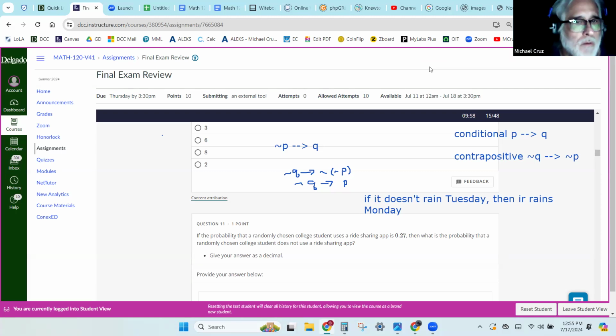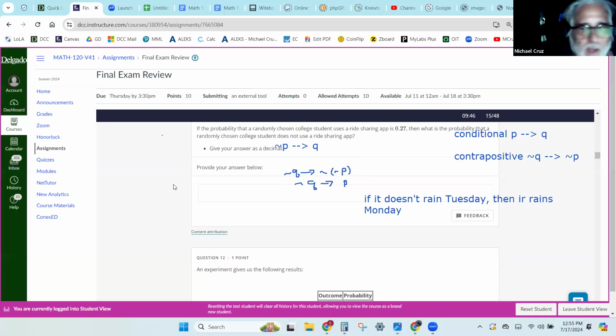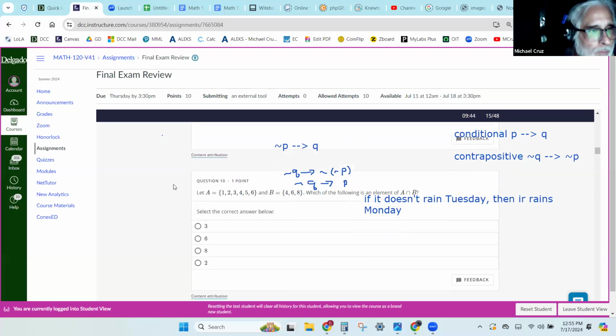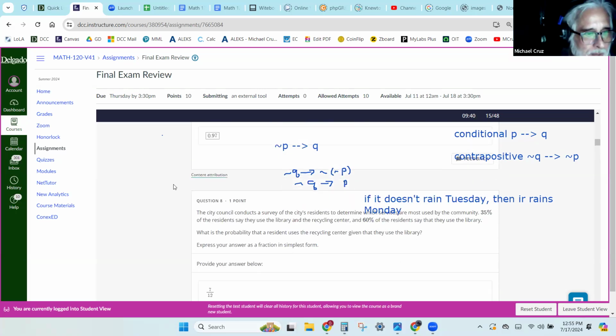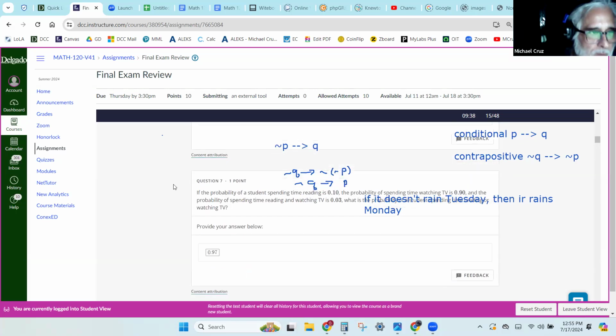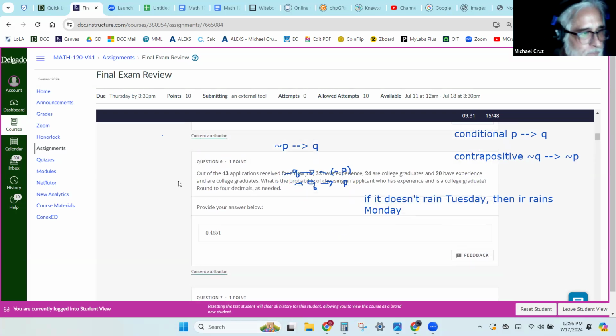All right. So let me see if I can find that one. The next one she had on her list is the 45 applications. We worked that one too, but I was going to go through it again. It was right next to the two. They both can use that same formula.